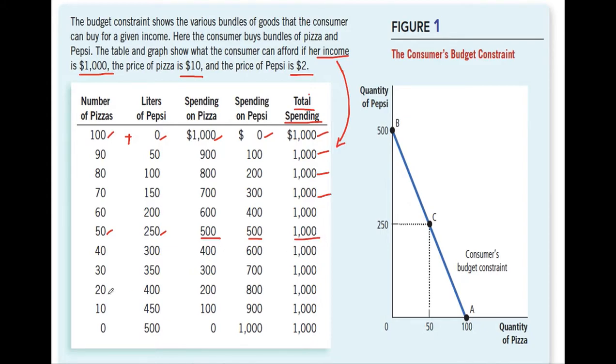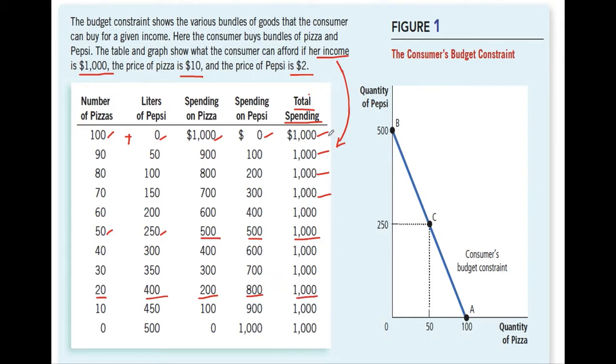He can afford another combination, 20 pizzas and 400 liters of Pepsi, which makes spending on pizza $200, spending on Pepsi $800, and total spending is $1,000.